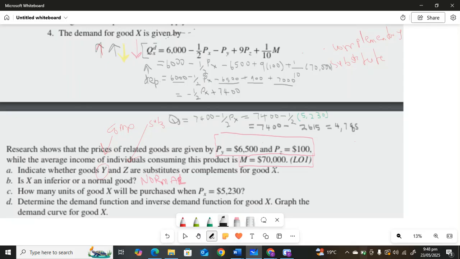You only use it at that stage because before you reach part C, you have to substitute these values which I've put in red into the demand function.